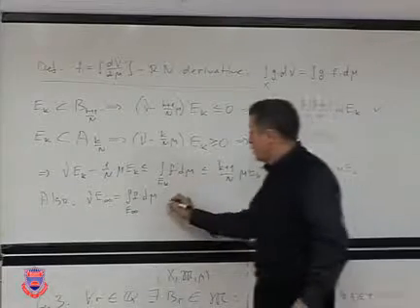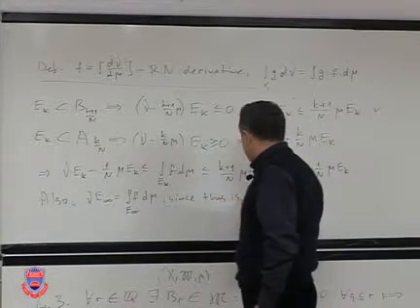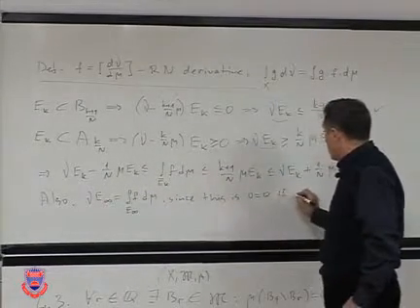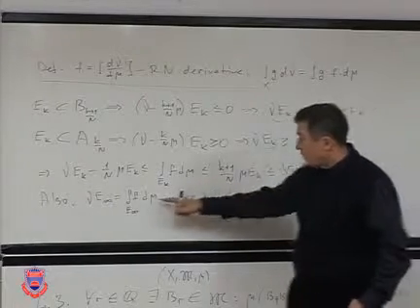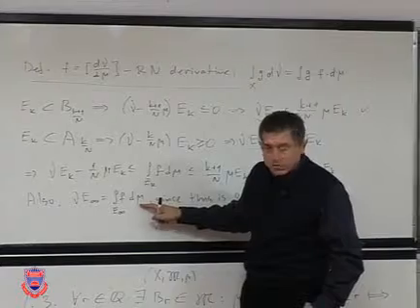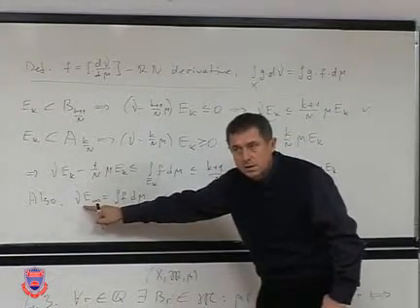Why? Since this is 0 equals 0, if μ of E_∞ is 0, then this integral is 0 by definition of the integral. And since the measure is absolutely continuous, this is also 0.